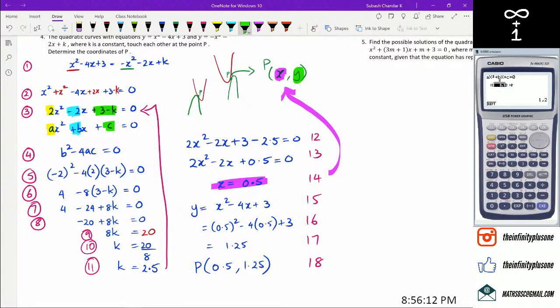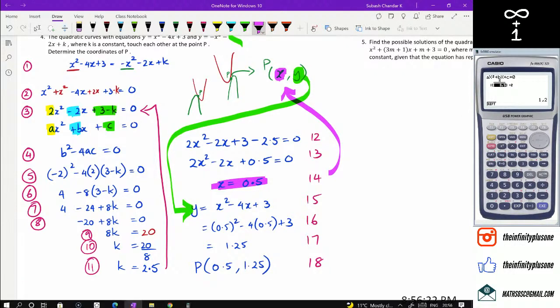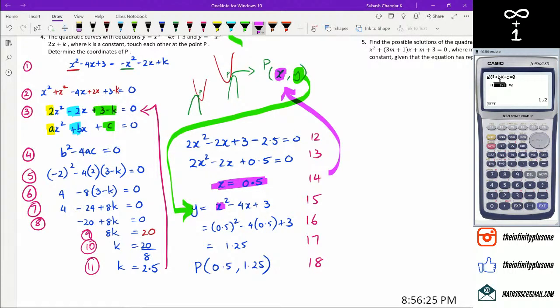So I came back here, took one of those equations, which was y equals x squared minus 4x plus 3, and substituted 0.5 wherever x was to figure out the y value. Once I got the y value, that's what I put here, and the x value I solved ended up here.